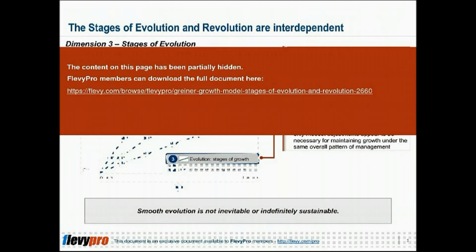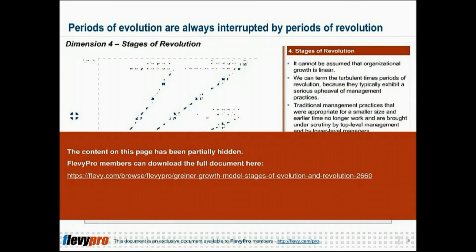In capturing the maturity of an organization, there are 5 dimensions to analyze: age of the organization, size of the organization, stages of evolution, stages of revolution, growth rate of the industry.